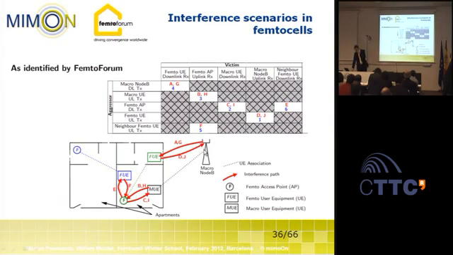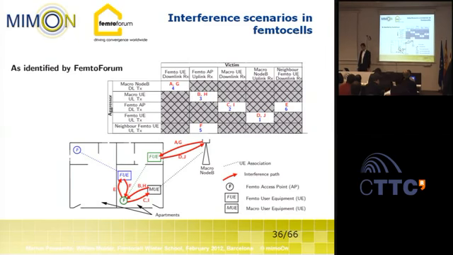Or we have a femtocell that is transmitting in the downlink to its femtocell user, and while it's transmitting, it's creating interference to the macrocell user, which may now, due to interference, not be able to receive data from its downlink transmission from the macrocell. At the same time as we transmit to the femtocell, we also may interfere with a femtocell user that is connected to another femtocell. So we see that here there are many interference scenarios that occur in this setup.